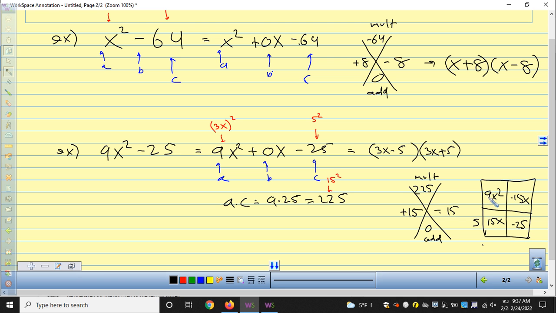Biggest number that goes into both 9 and 15 is 3. Smallest x here is x. And since this is negative, we have a negative there. And it gets us 3x plus 5 times 3x minus 5.